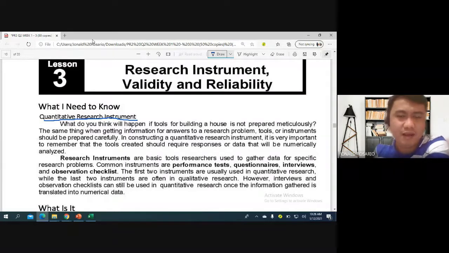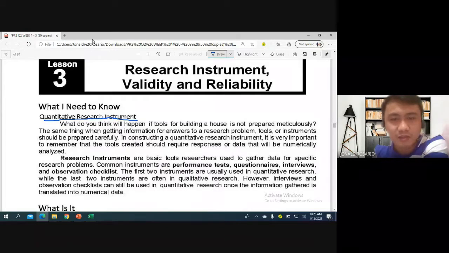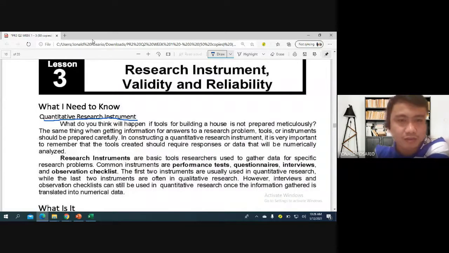Maraming pwedeng mangyari. Pwedeng matatagalan yung pag-build ng house kasi yung tools na ginamit natin ay hindi akma, or baka magkaroon ng problema o aberya dun sa bahay, baka biglang mag-collapse kung sakali man na maitayo using incorrect tools.